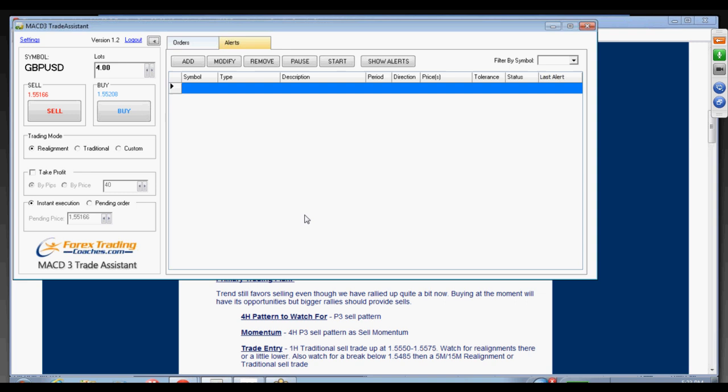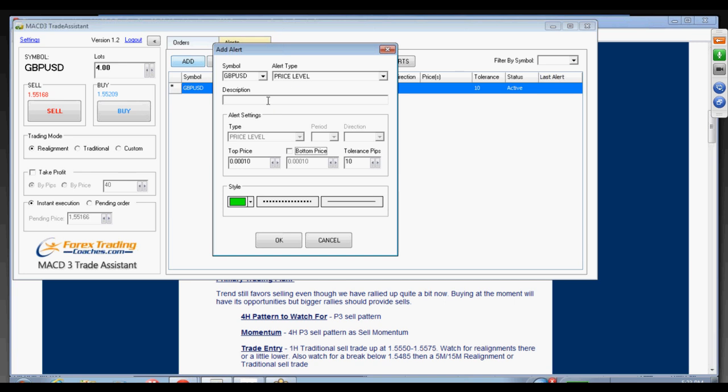I just click on the add here, and I have my own codes here. So on the description I put TT, which means traditional trade, and I go down here and I type in this first one, which is 1555.